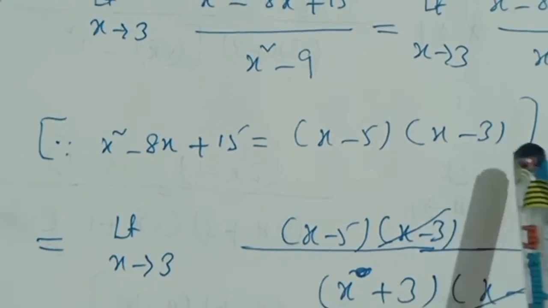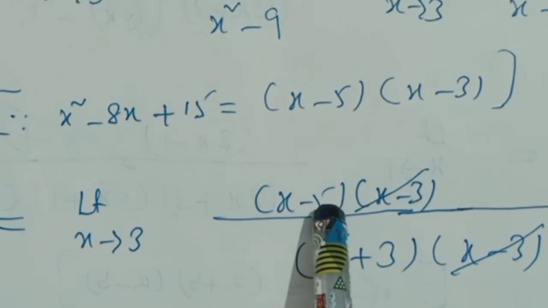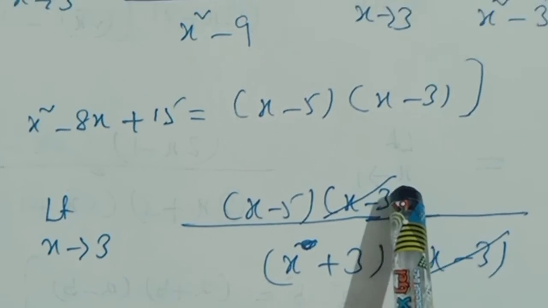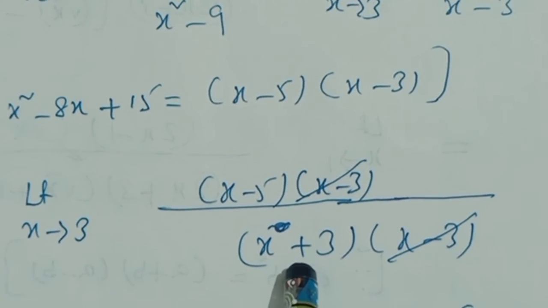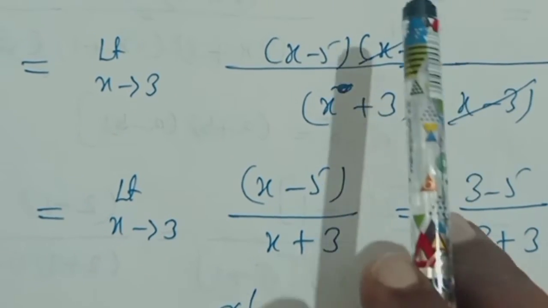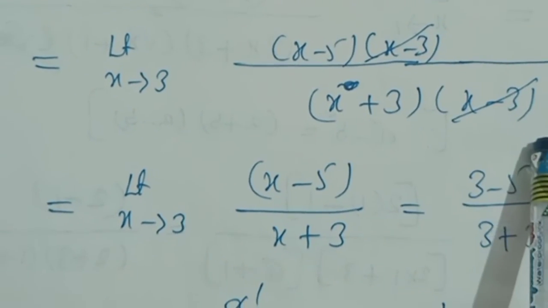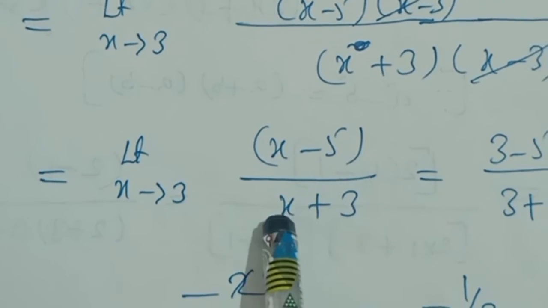So now next we write limit x tends to 3, x minus 5 into x minus 3 by, here we use a square minus b square, which gives a plus b into a minus b. Now the common factors are x minus 3, so those are cancelled. Finally we write limit x tends to 3, x minus 5 by x plus 3.